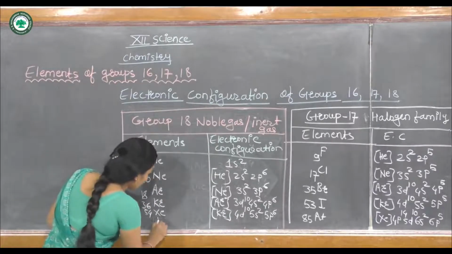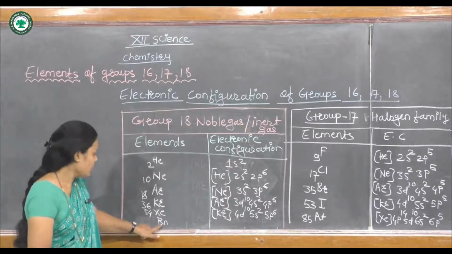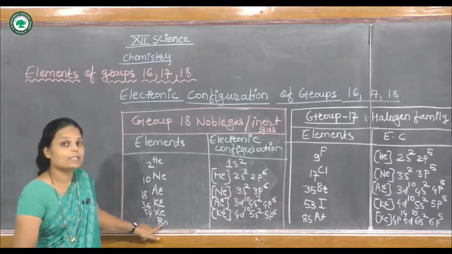The last element is radon. Its symbol is capital R and small n, and its atomic number is 86.